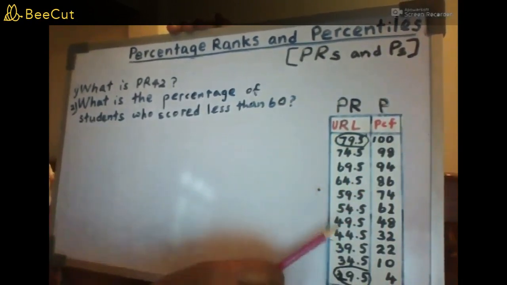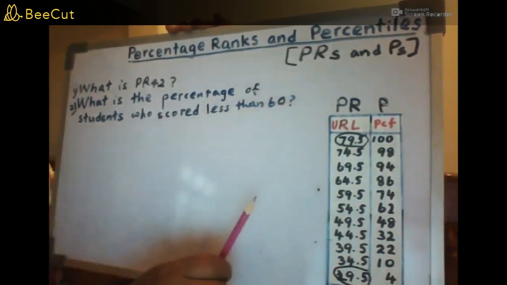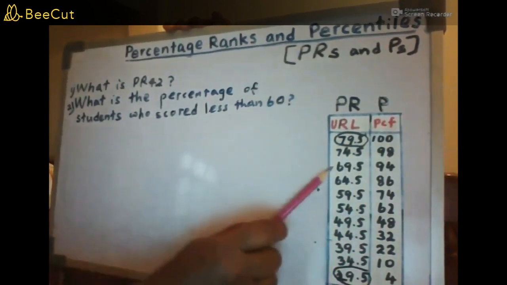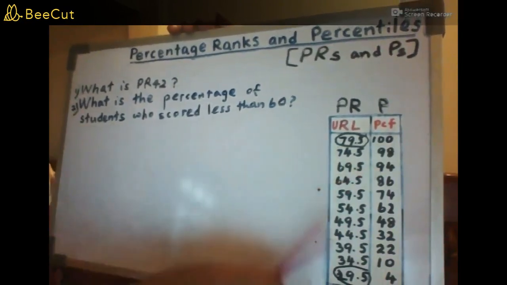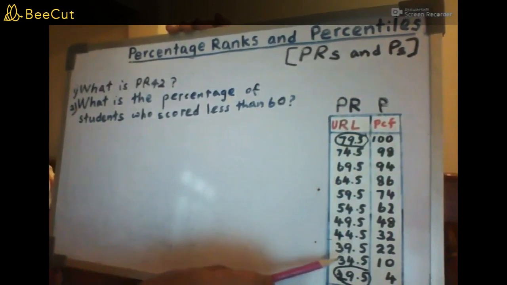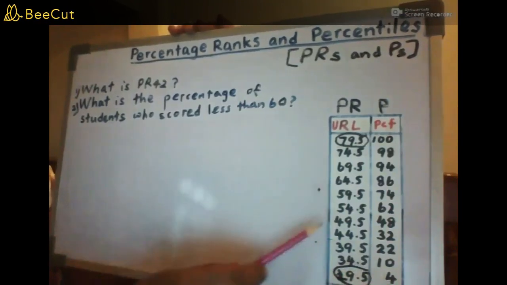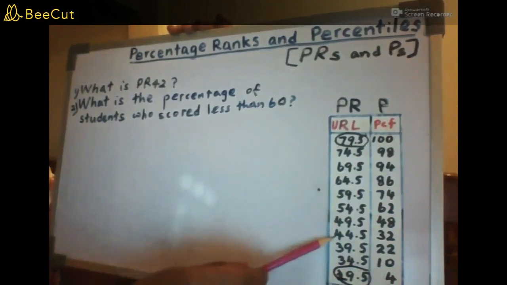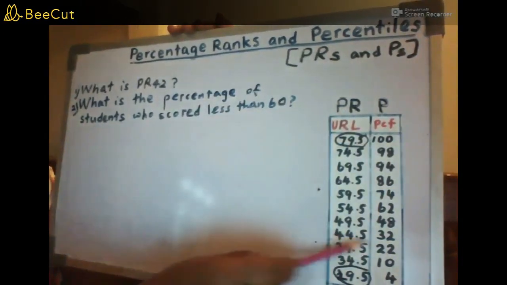What is PR 49.5? Answer is 48. What is PR 69.5? 94. What is the percentage rank of the mark 29.5? 4. What is PR 44.5? 32.